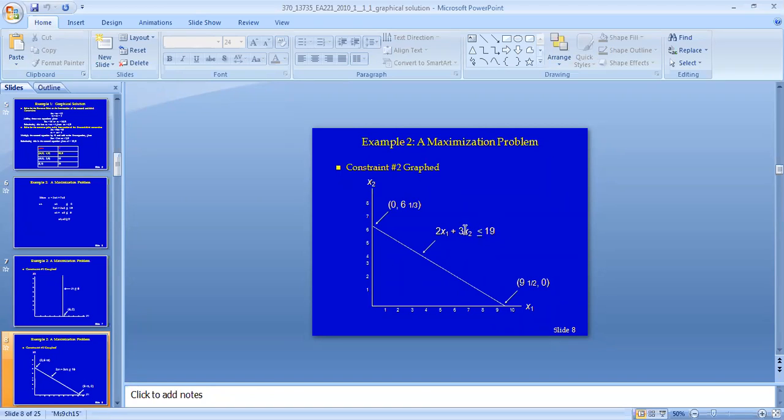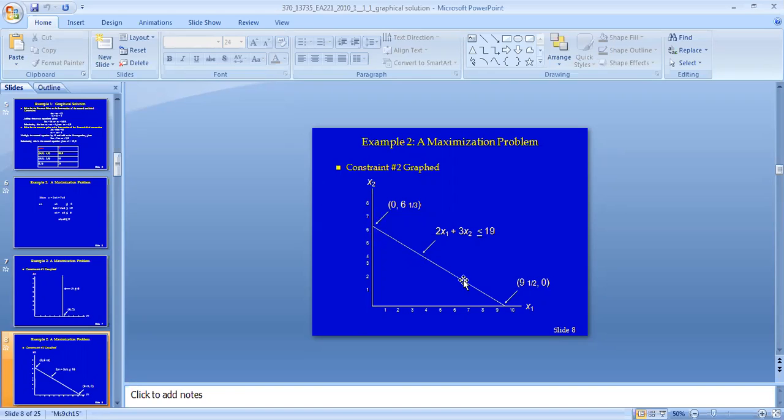If we take x2 = 0, then x1 = 19/2, less than 10. So the point is (19/2, 0), and the other is (0, 19/3), or 6 and 1/3, slightly more than 6.